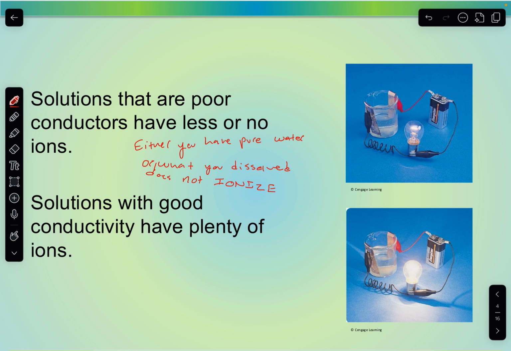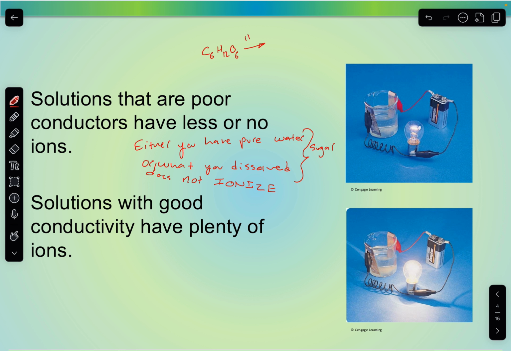So, for example, sugar. You can dissolve sugar into water. It looks like this, C6H12O6, essentially. You dissolve that into water, and it does not break apart.